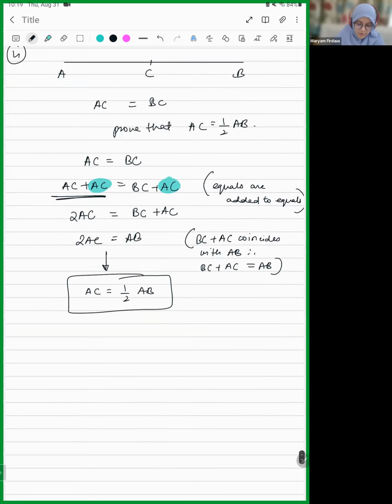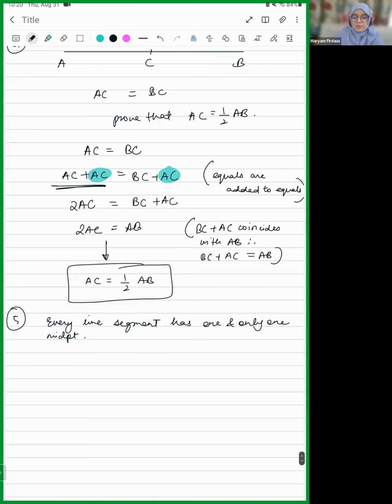So the next question, you have to prove that every line segment has one and only one midpoint. What is the meaning of one and only one? Why can't we just say one midpoint?